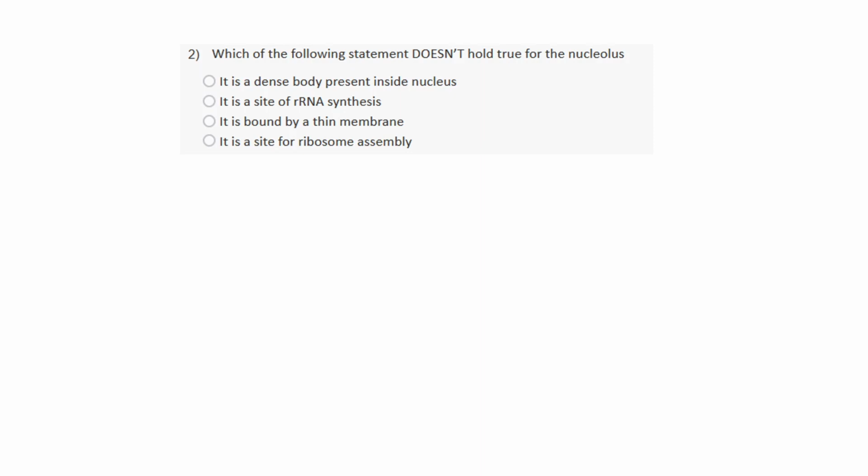It is responsible for rRNA synthesis, that is your ribosomal RNA. So out of these four options, which is incorrect? Three are correct, one is incorrect. So please answer. Option C, it is bound by a thin membrane. Others?